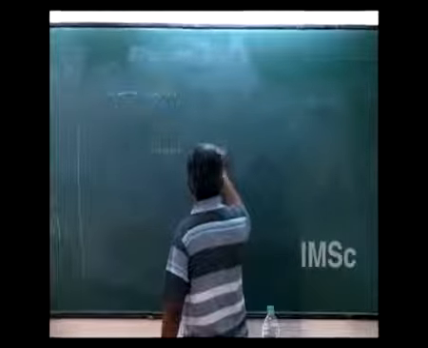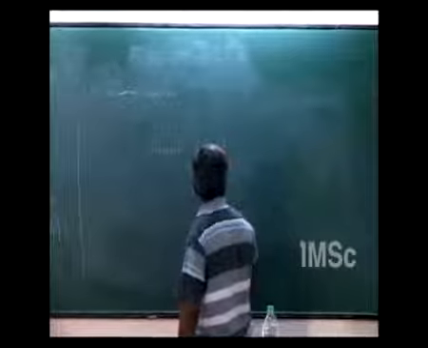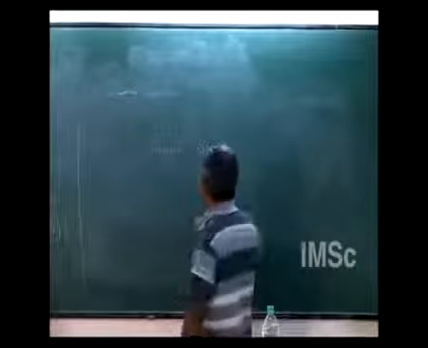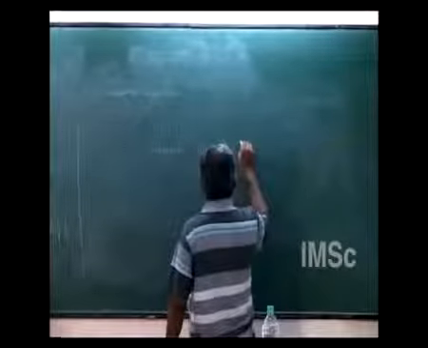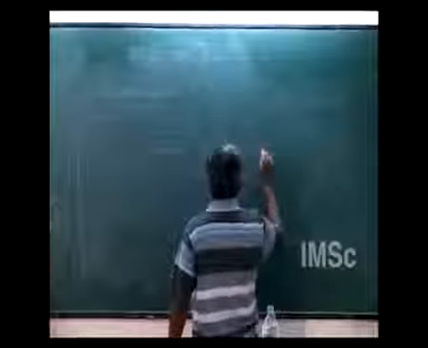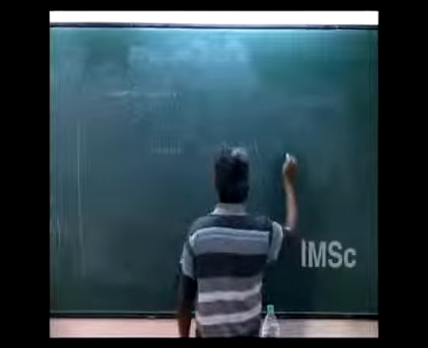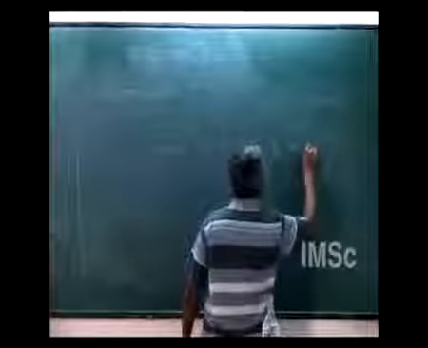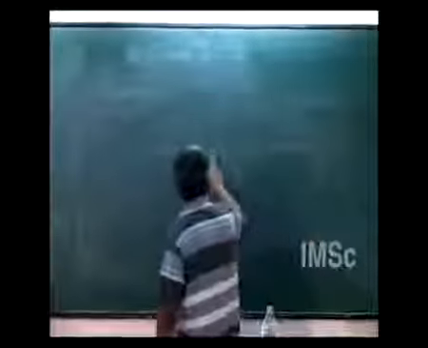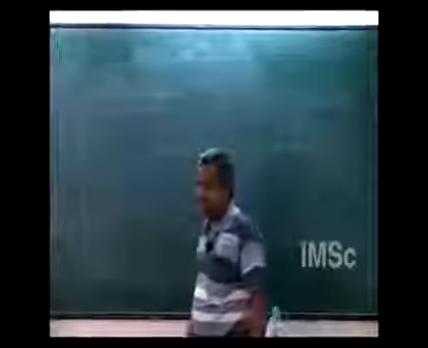So for any uv, Fi of uv is 0 or 1, for every commodity i and for every undirected edge uv. Similarly you have v to u, that is also there.